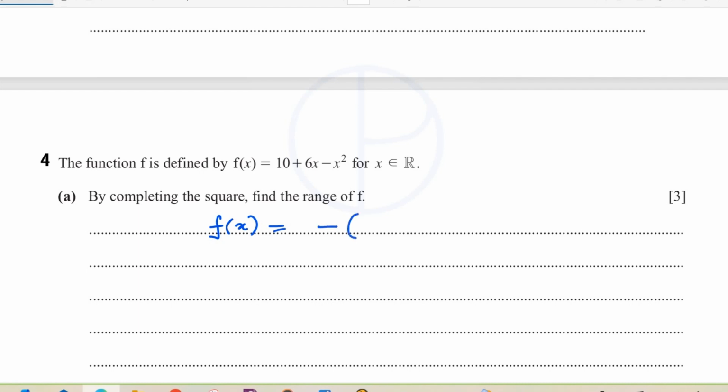So minus, take commonly, x square minus 6x minus 10. Minus, x minus 6x can be written as x minus 3 the whole square minus 3 square. Already one negative 10 is there, so negative 10.